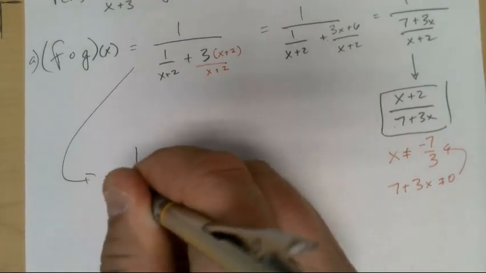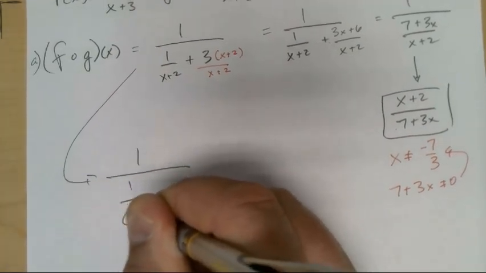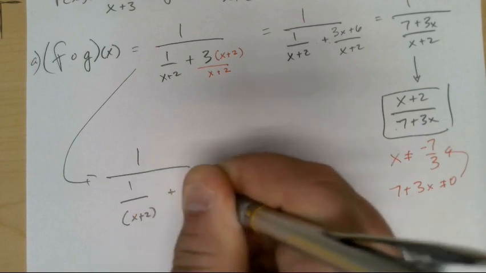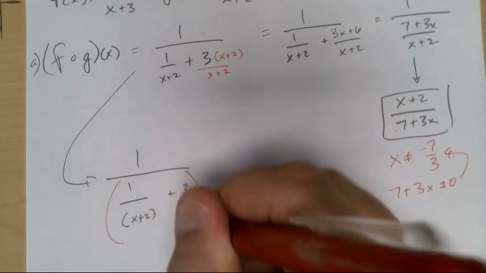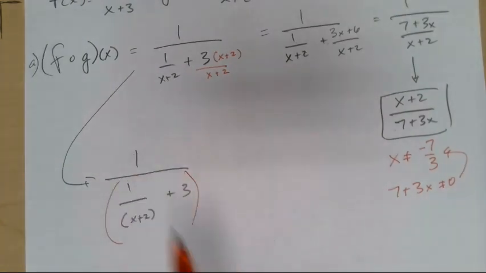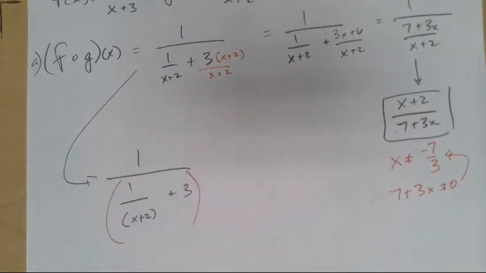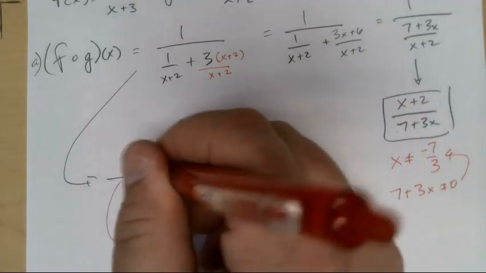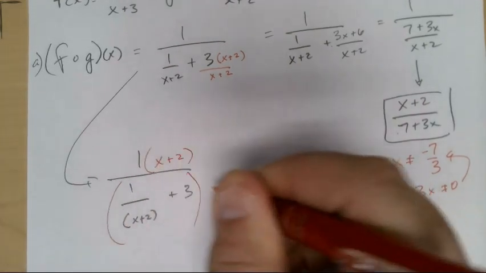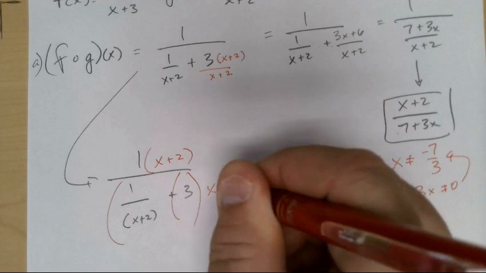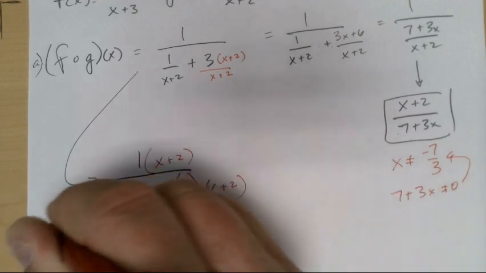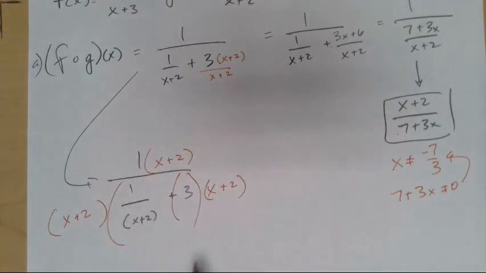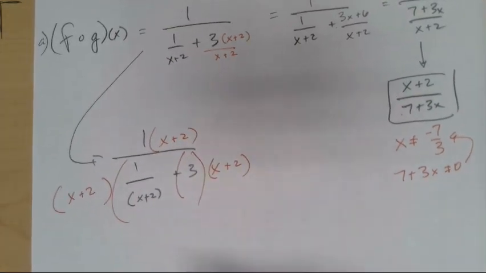So if I rewrite this 1 over x plus 2 plus the 3, I look at everything, this term and that term, and find a common denominator. It's going to be x plus 2. So I multiply this by x plus 2, this by x plus 2, and this one too. So I've really multiplied the whole denominator and distributed. Check out what happens.